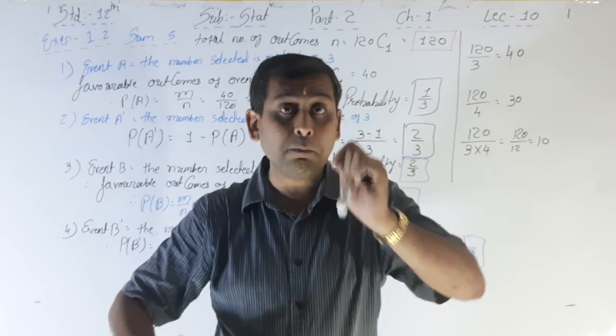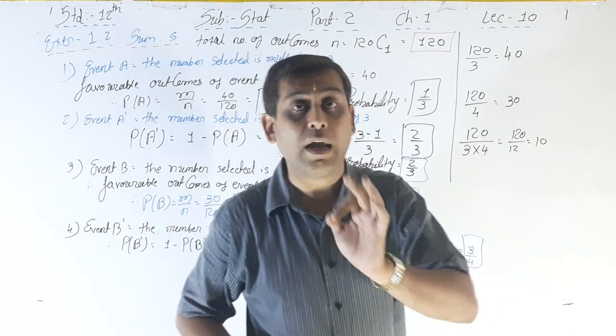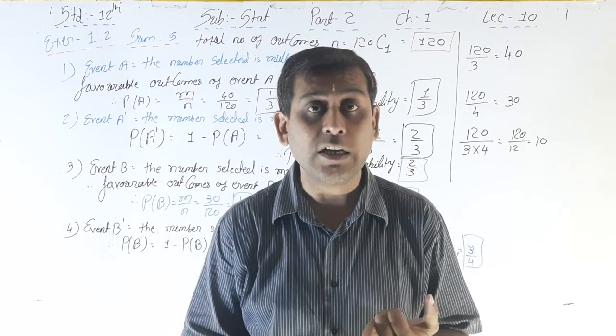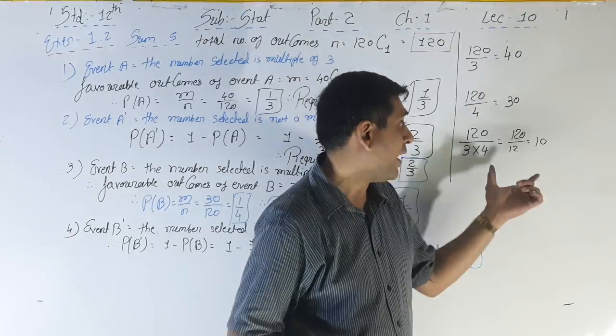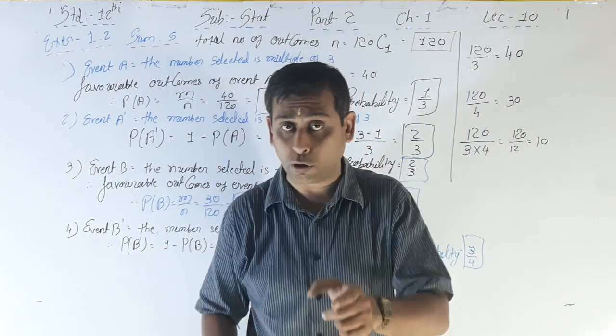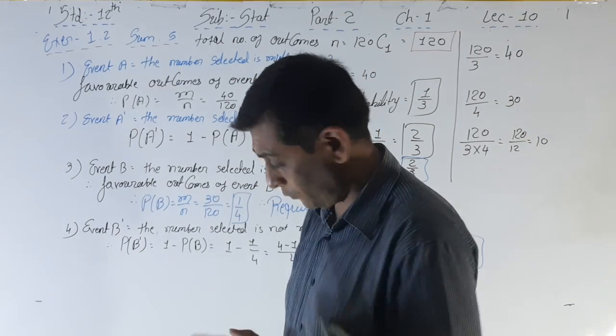So the 10 numbers, see which are those? Multiples of 3 and 4 both are 12, 24, 36, 48, 60, all are those, etc. The last, 120, is also a multiple of 3 and 4 both.